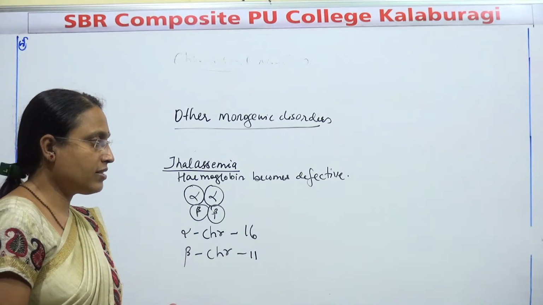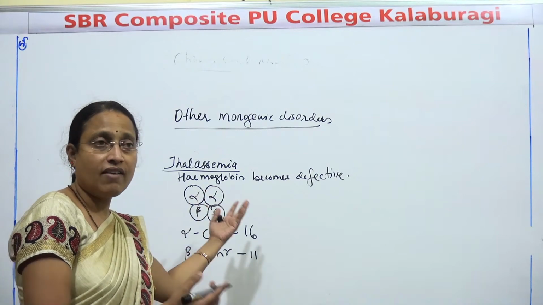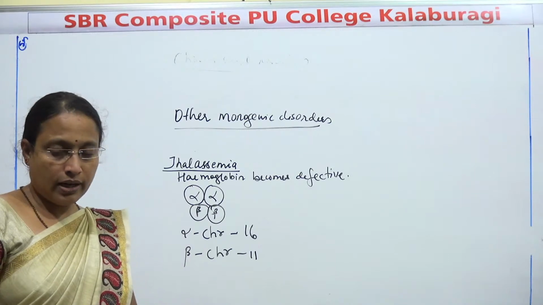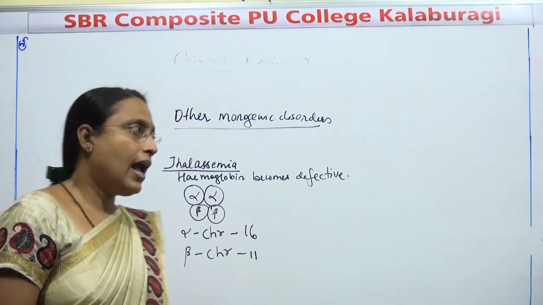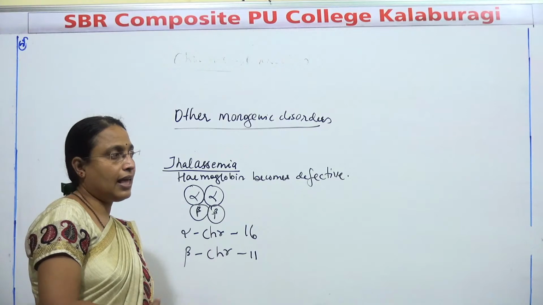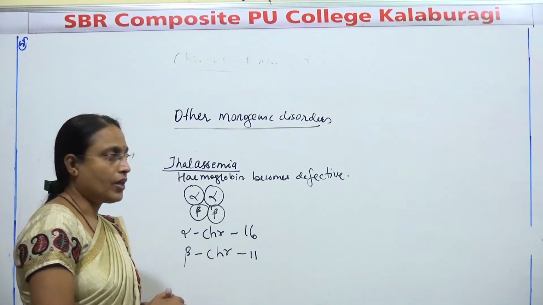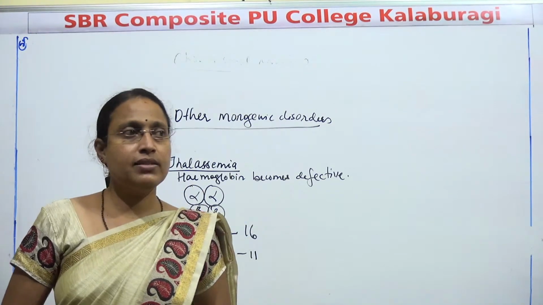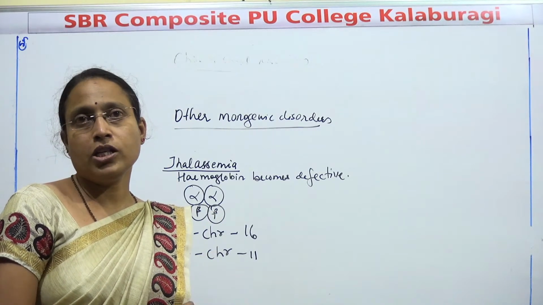But what is noted here is that even sickle cell anemia is a hemoglobin defect, and even thalassemia is a hemoglobin defect. The main difference between thalassemia and sickle cell anemia is that in sickle cell anemia there is a qualitative defect. It means the entire chain structure is not affected.